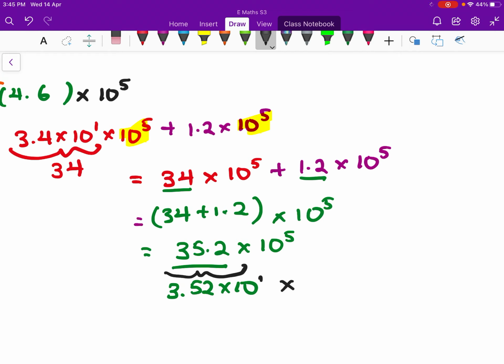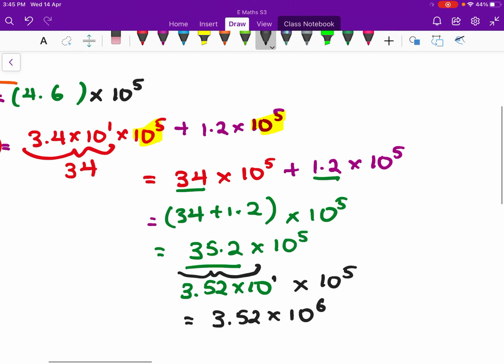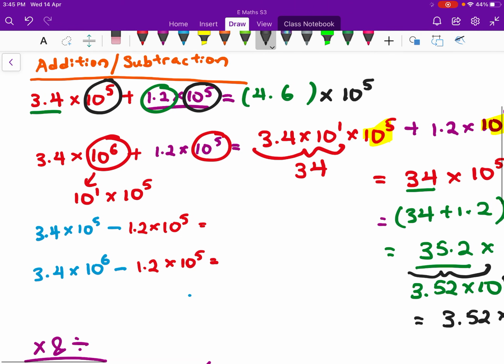Of course, you need to multiply again by 10 to the power 5. So the true standard form is 3.52 times 10 to the power 5 plus 1, which is 6.